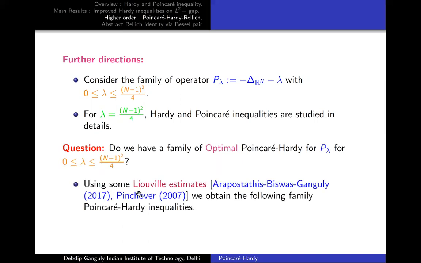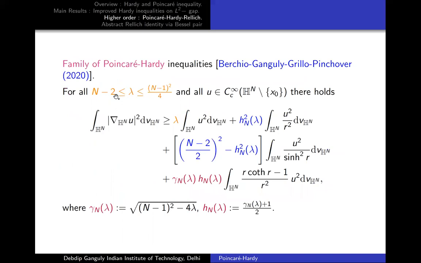Of course, for that we need some new kind of Liouville type estimates, which we proved with my former colleague Biswas, and in a particular case Pinchover also proved in 2007. Using those Liouville type estimates we were able to do it for any lambda between (n minus 2) whole square by 4 and (n minus 1) whole square by 4; we cannot go up to 0.